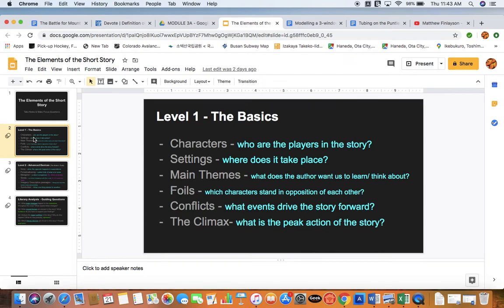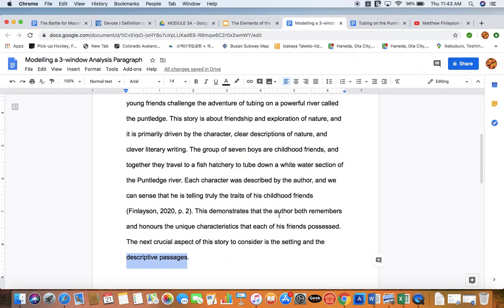And you could debate with me that you disagree with the way that I've organized these things, and that would be fine, as long as when you're doing your writing, you put things together in a way that makes sense to you. So I would say that in this case, the setting and the descriptive passages, it makes sense to discuss them together, right? Because they support each other and they are connected to each other.